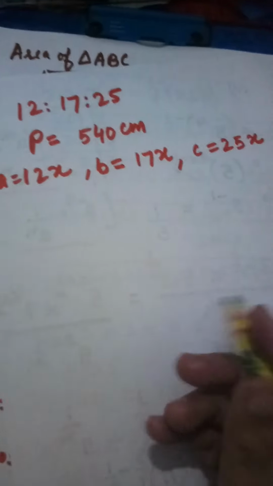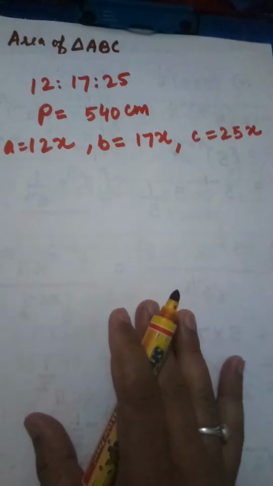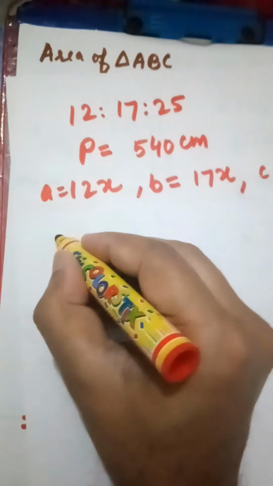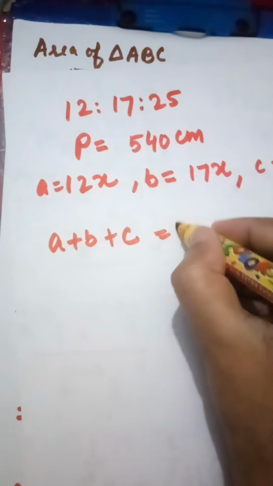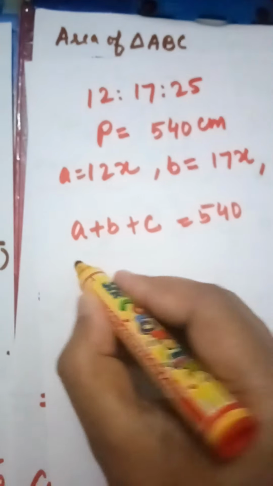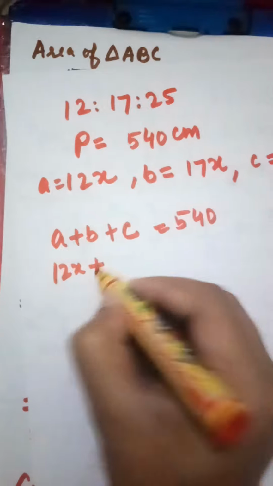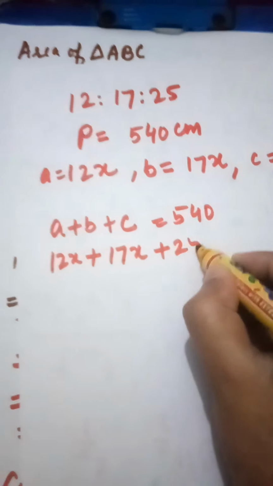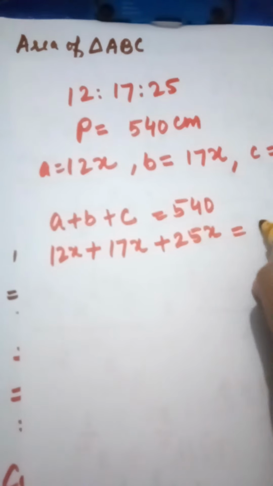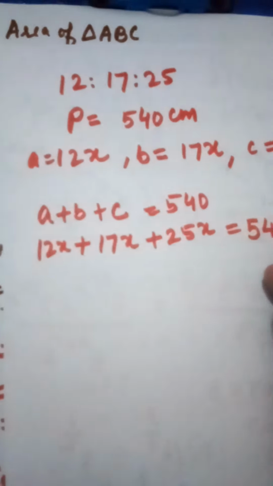Now after this, children, let's go for the perimeter of the triangle. It means A plus B plus C is equal to 540. This is given to us. So A is 12x, B is 17x, C is 25x, and that is equal to 540.